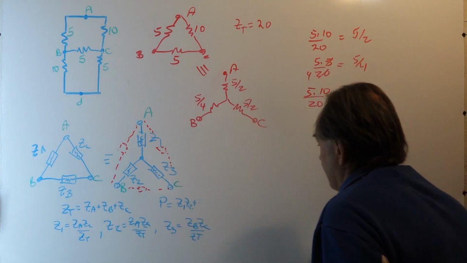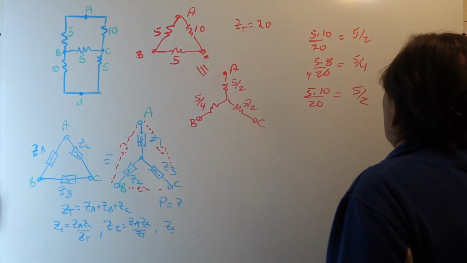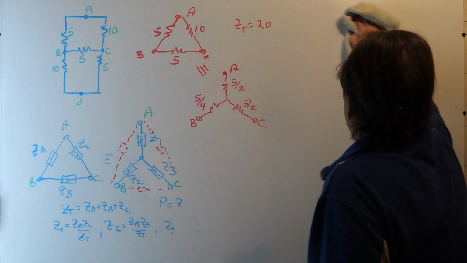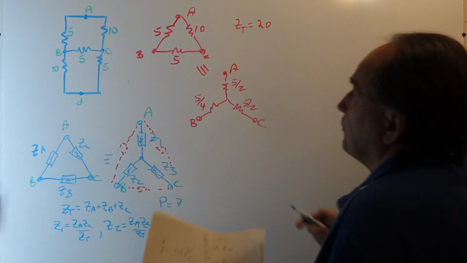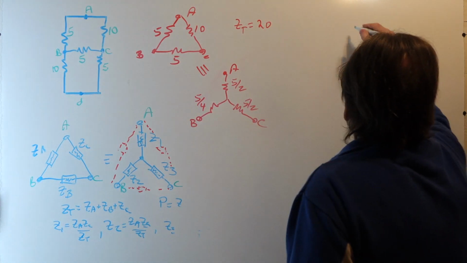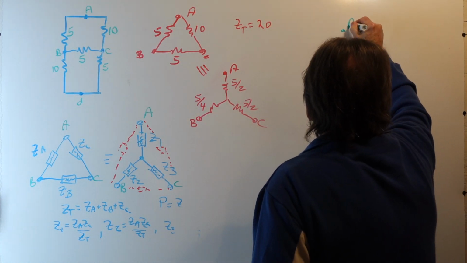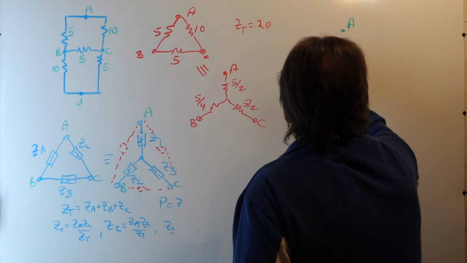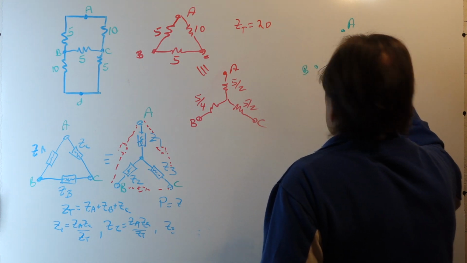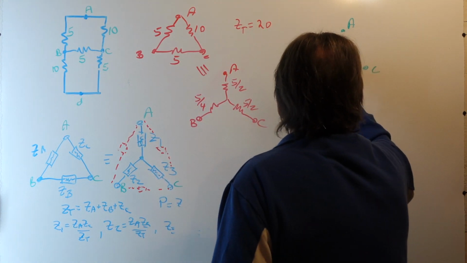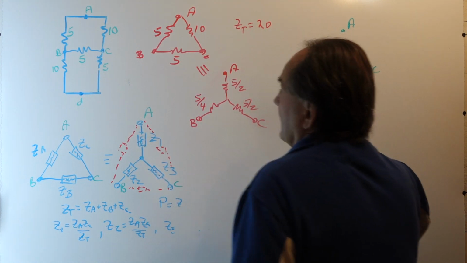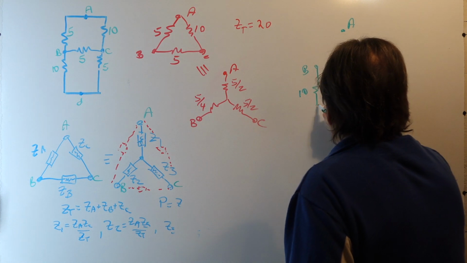So let's do that. I'm going to redraw the network here. Here's node A, here's node B, here's node C. We didn't do anything with these two elements, so we have that element, which is 10.